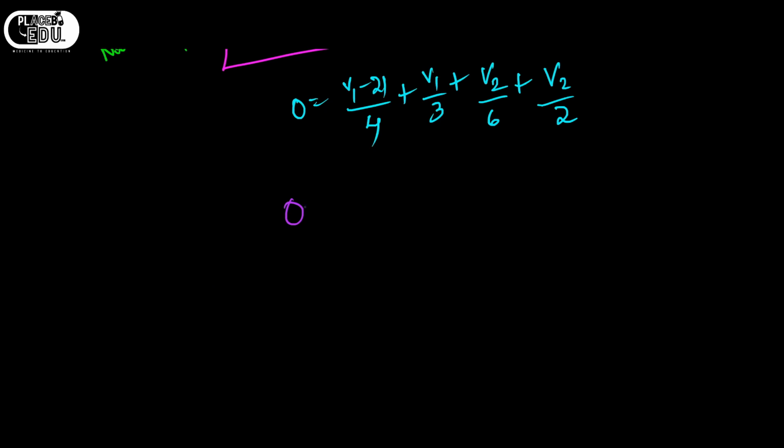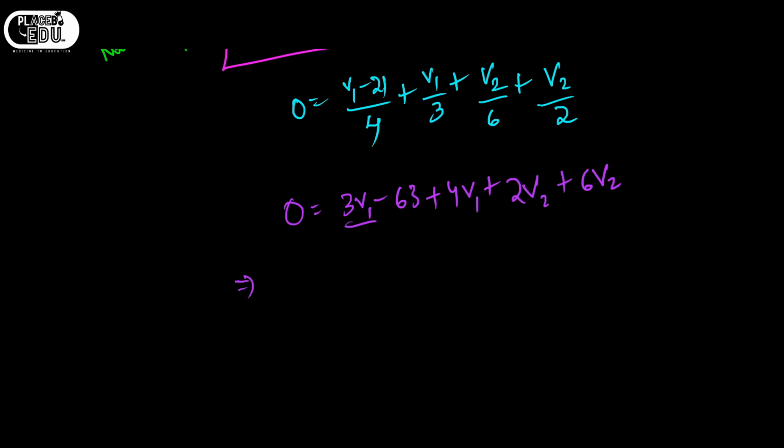So 4 3s are 12, and this is 3 1s 63 plus 3 4s 4V1 plus 6 2s V2 and 6 V2. If you face any difficulty in finding the LCM, I have a playlist, basics of mathematics. You can find LCM in there. You can watch it. And then I have to simplify.